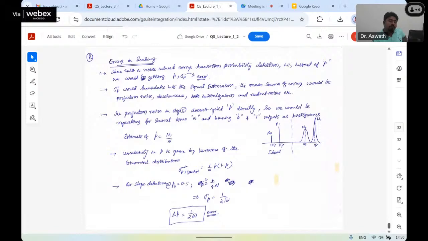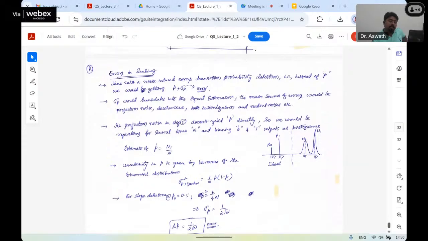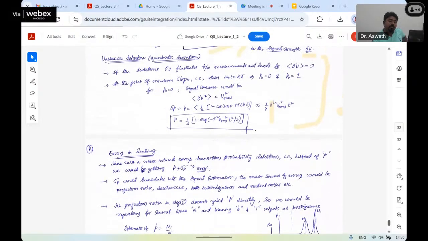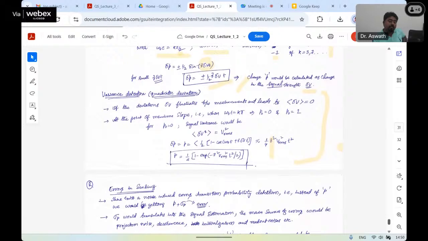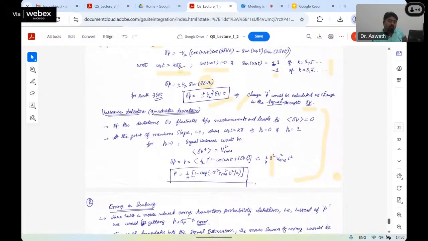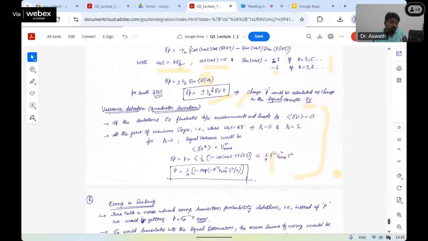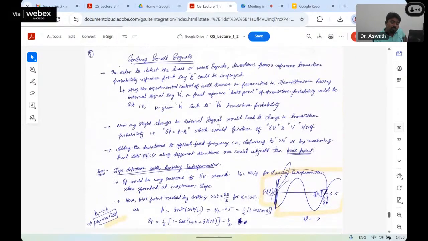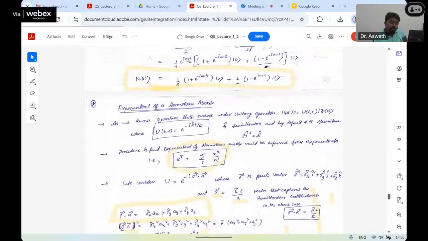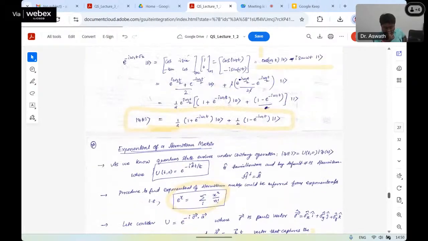So that much error I would always make while finding p. That p would be carried further in finding what V is, in this case VRMS, the root mean square of the voltage signal strength. So this is about quantum sensing for you. It's a lot of mathematics, I understand. I hope you go through it and understand the details.